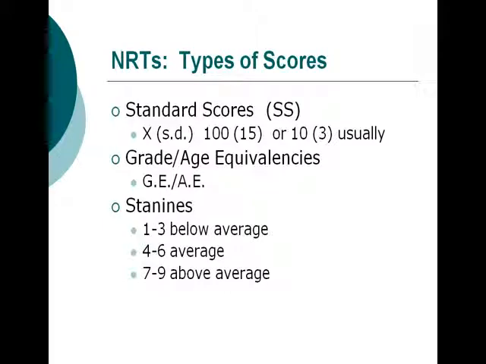Basically, it takes this distribution of all of the kids and divides them up into numbers: 1 through 3 are below average, 4 through 6 are in the average range, and 7 through 9 are above average. The ones we're going to use the most are percentile ranks because they're the best understood. So those are all the types of scores. You'll be working with them on the protocols, and we will continually go through them in this course.